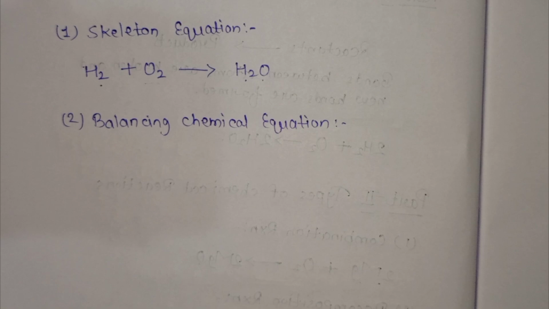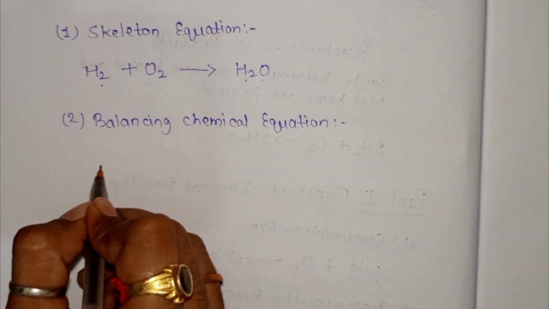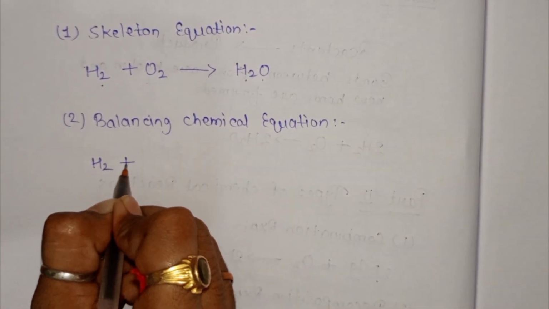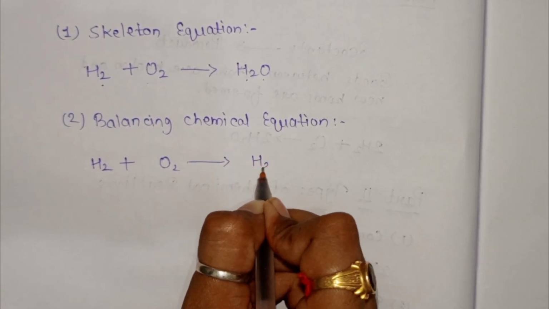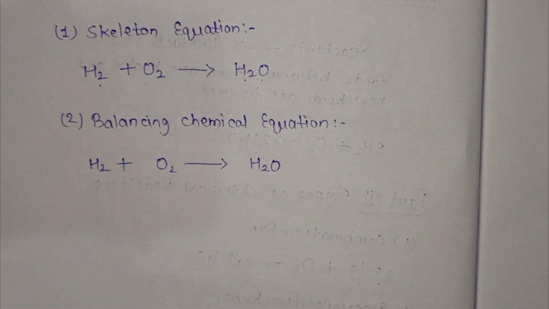Let's balance the equation for the reaction between hydrogen and oxygen to form water. Our unbalanced equation is H2 + O2 produces H2O, simply water. To balance, follow these steps.